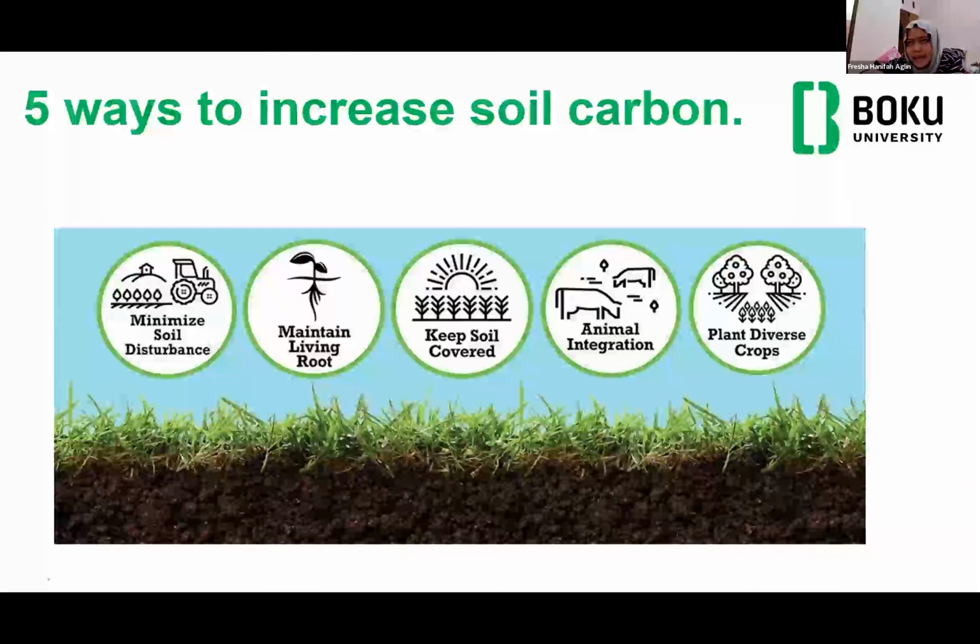We know that the level of carbon in the topsoil is important, just like in the presentation from Miss Rebecca. This is my question, and thank you for the opportunity.